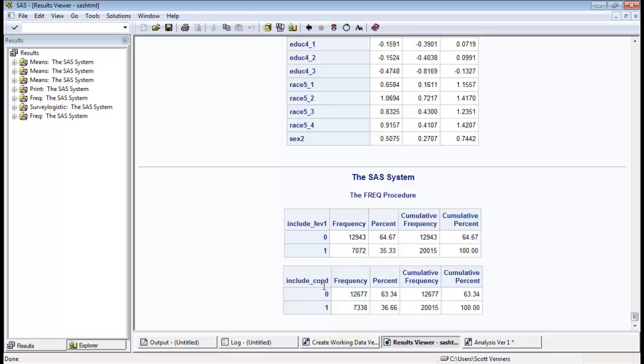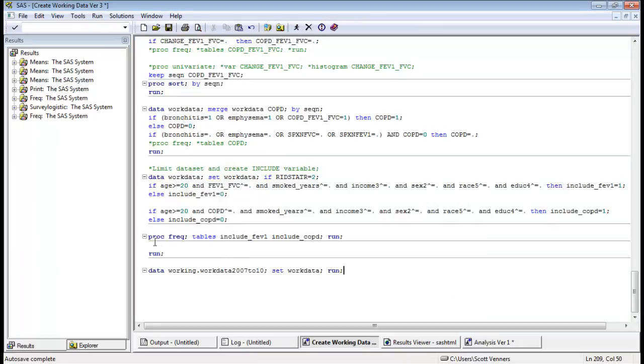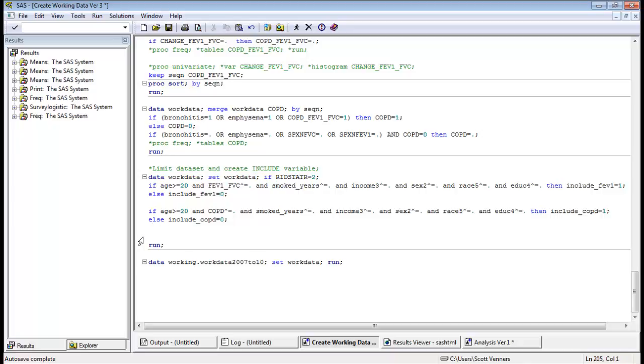And for the COPD model, I will have 7,338 individuals. Now, if this was a real analysis, I would be doing an analysis of where I was losing all of these people, which variables were causing me to lose these people, because we would report that in the manuscript, but we're not going to worry about that step here. Okay, so let me erase this here.